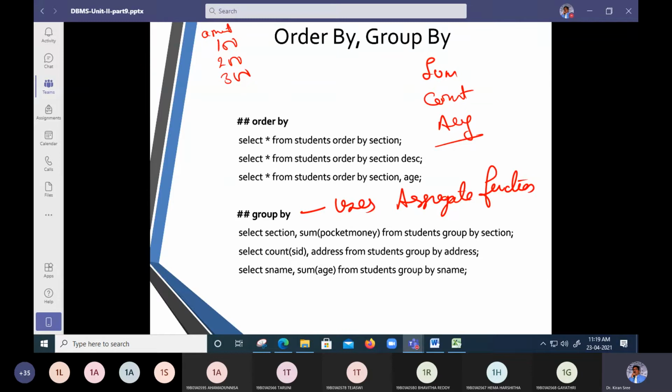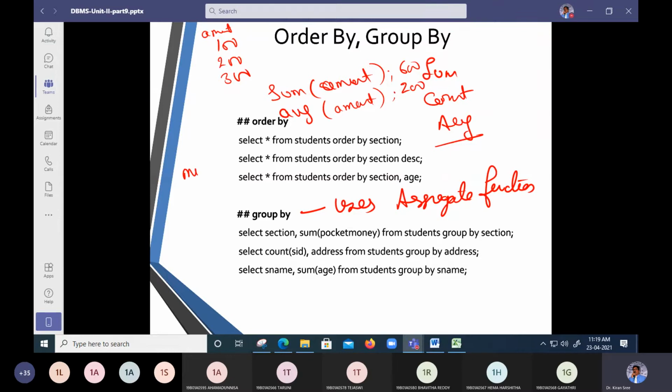Now I can say sum of amount, then I will be getting 600. If I call AVG of amount, it is 600 by 3, we should be getting 200.